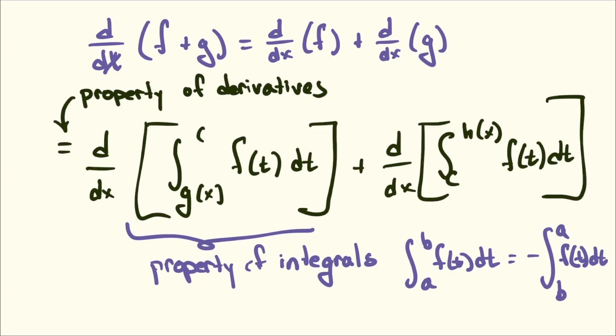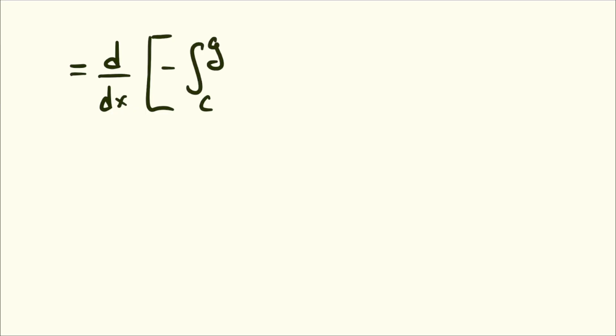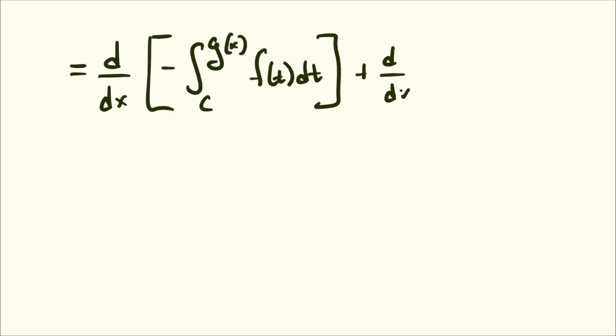And we want to have that g of x on top because of the next step. So first of all, let's actually write out what our functions look like right now. We have d dx of negative integral from c to g of x, f of t dt, plus d dx of integral from c to h of x, f of t dt.